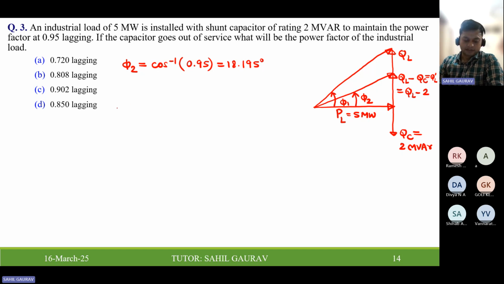Now tan of phi 2, tan of 18.195 degrees, is QL minus 2 upon PL, where PL is 5 megawatt. Tan of 18.195 is 0.3286.